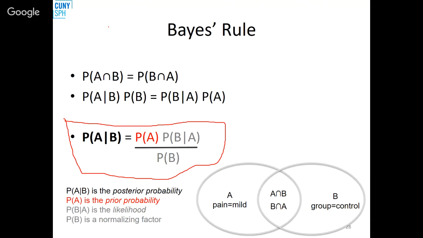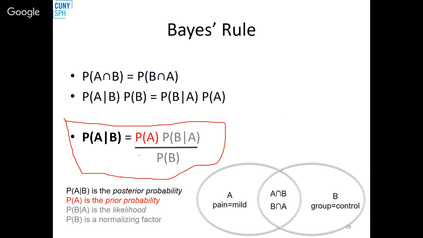But given the sensitivity and specificity of a test, so this probability of B given A could be the sensitivity, and also given the prevalence and both the probability of, let's say, a positive test and the probability of having the disease, will allow you to calculate the positive predictive value.